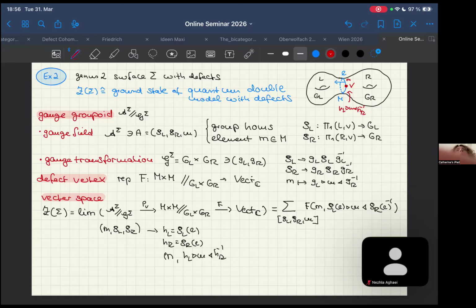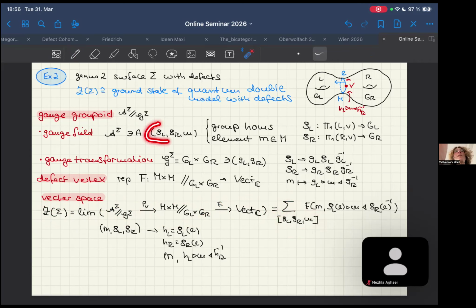And then I'm given a functor from this groupoid into the category of vector spaces. And if I compose them, I get a functor from the gauge groupoid into the vector spaces. And of this functor, I can take the limit here. And I can write down this limit explicitly if I want. So what I do is I sum over all gauge equivalence classes of triples.